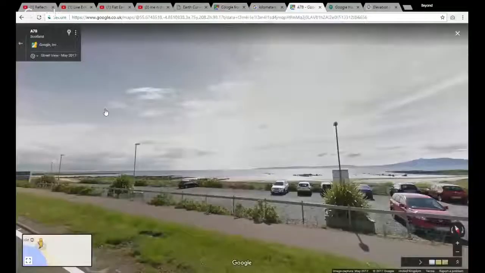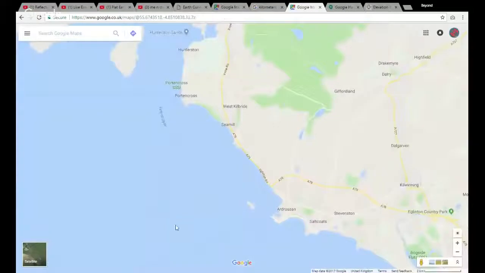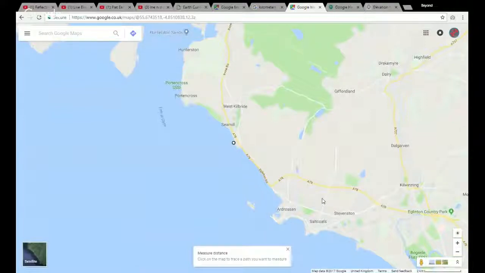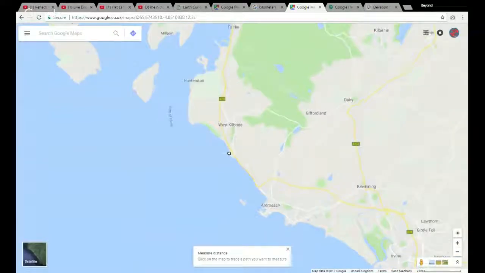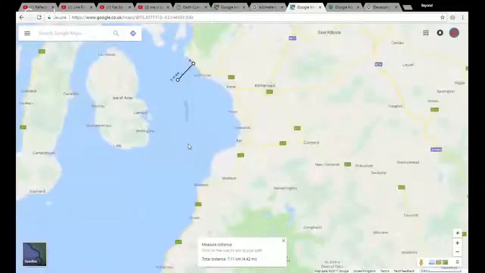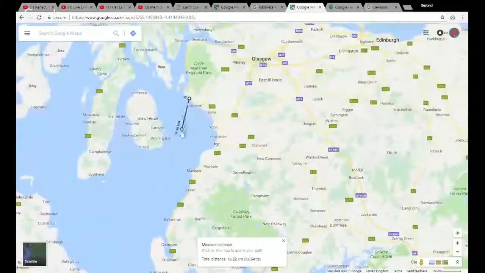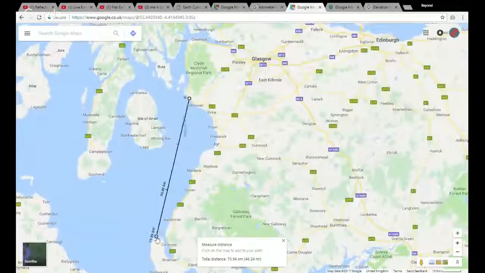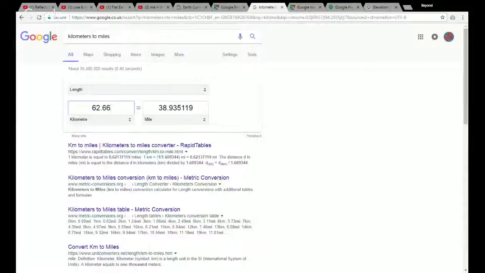Maps, right. So we're saying we're here at Seamill. Measure distance. So that furthest point that we're seeing there is 75.5 kilometres, 46.9 miles.